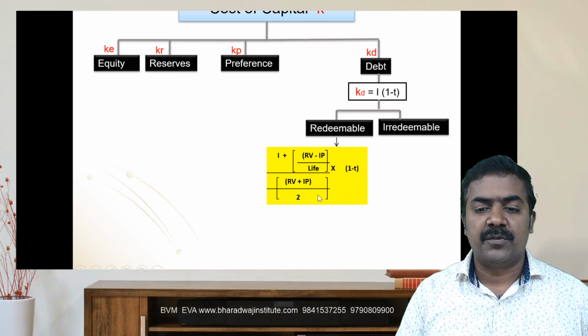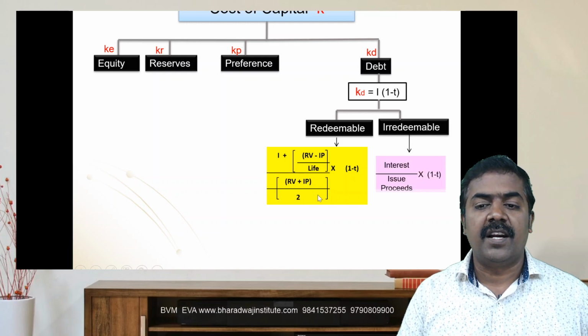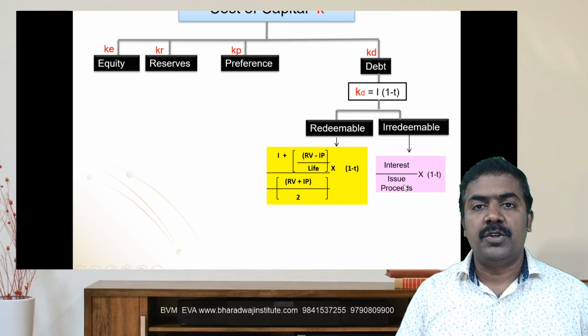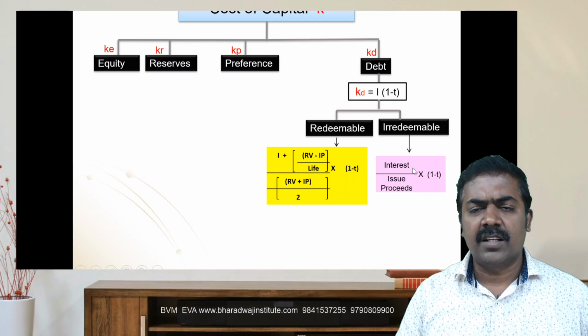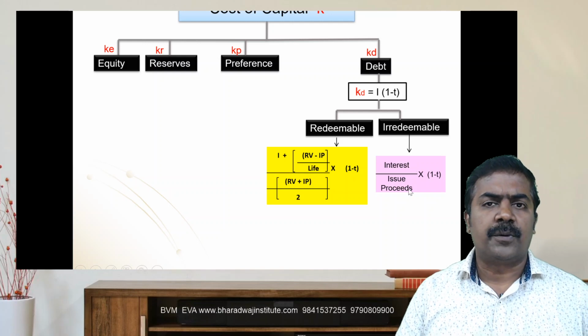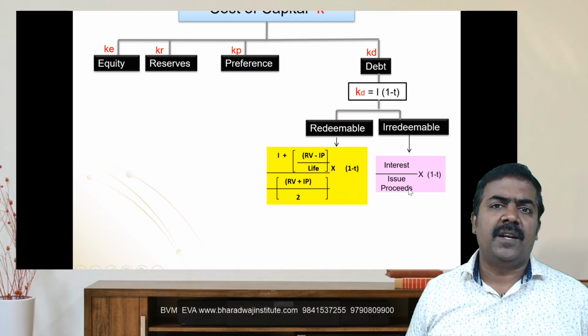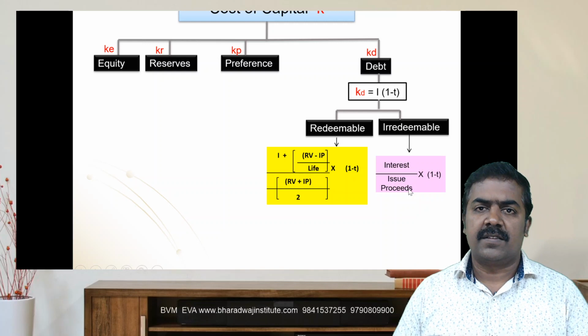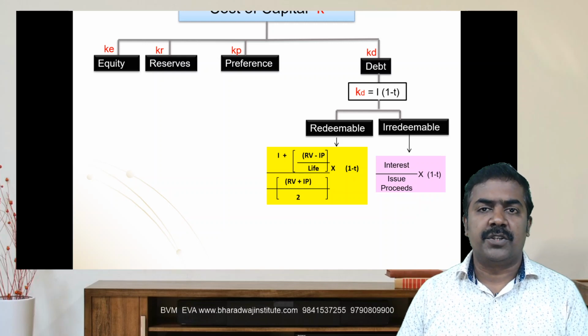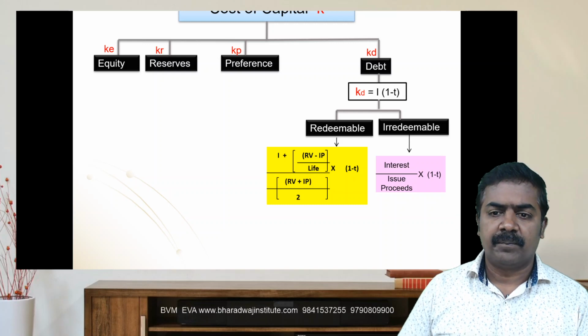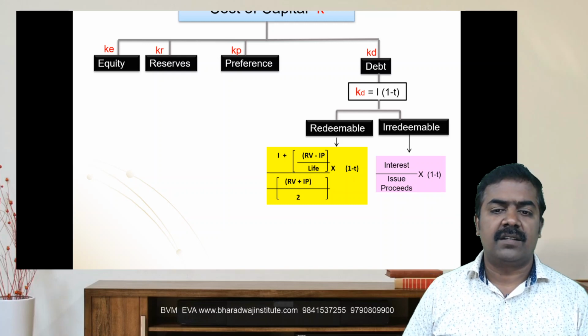So, divided by average value. If it is irredeemable, interest divided by issue proceeds into 1 minus T. Interest means the interest payable. Issue proceeds means simple face value minus issue expenses like underwriting cost or brokerages or flotation cost. You call it as flotation cost. So, this is how we work out cost of debt.